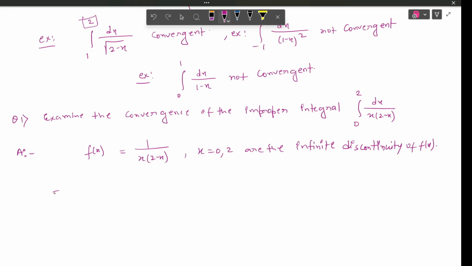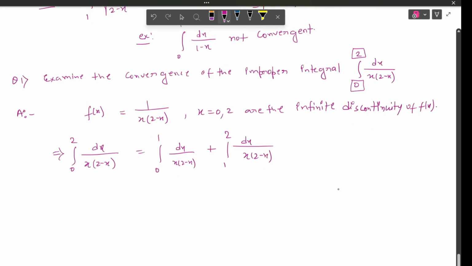So this implies, we have a point of discontinuity at the lower limit 0 and at the upper limit. So we can write it as integration 0 to 1 dx by x into 2 minus x plus integration 1 to 2 dx by x into 2 minus x.